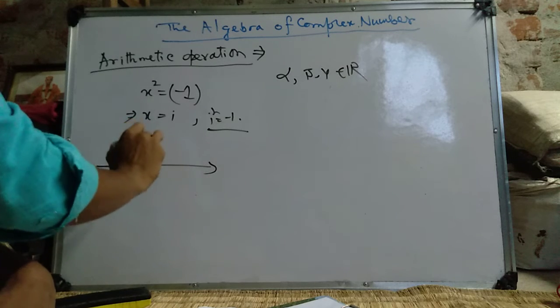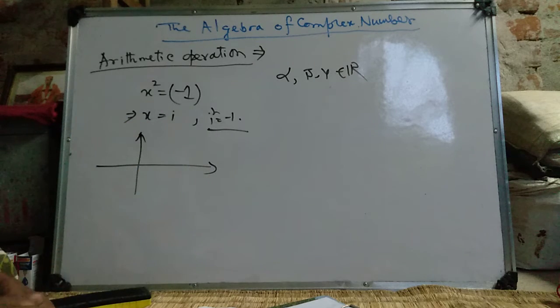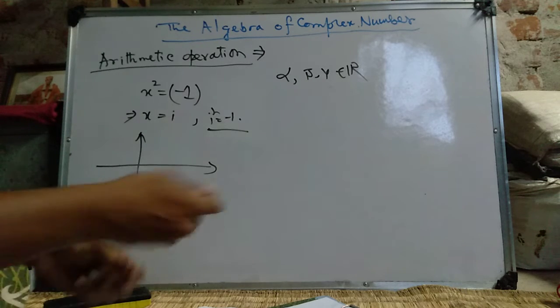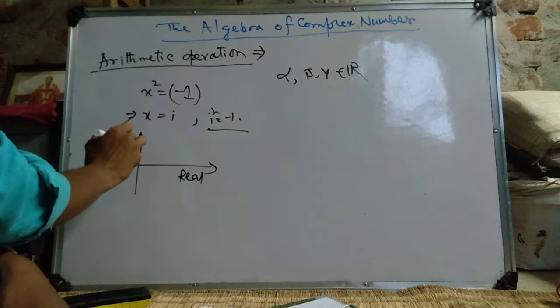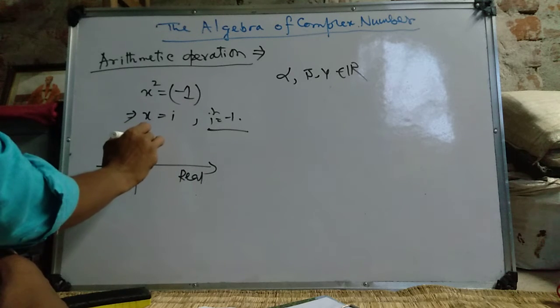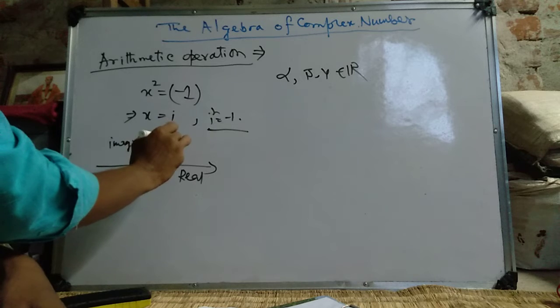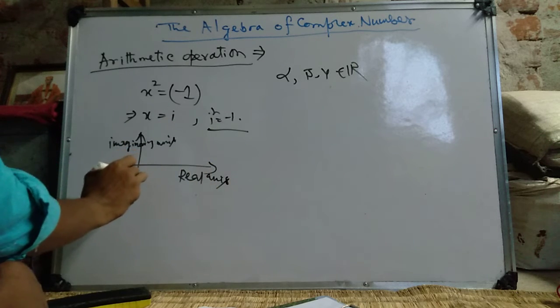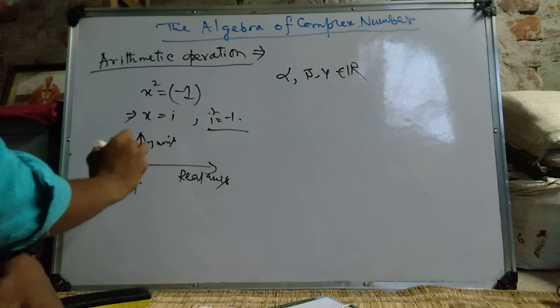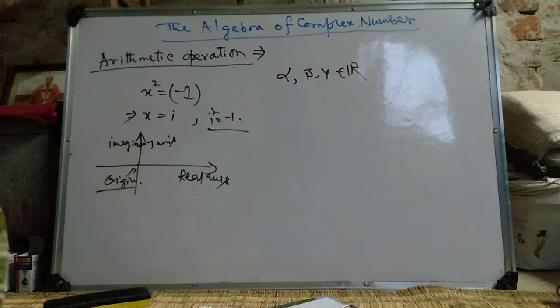If we draw two axes here, we denote one the real axis, and this one we denote the imaginary axis. Then the origin obviously belongs here. The two axes are made here, and the origin is present.